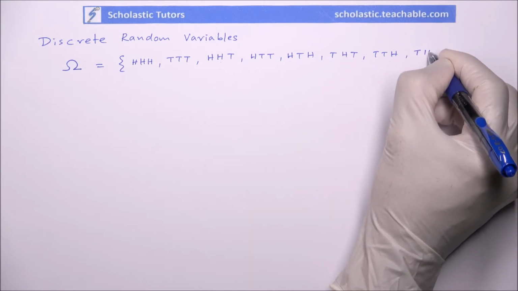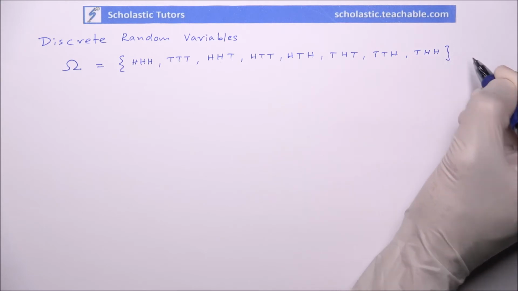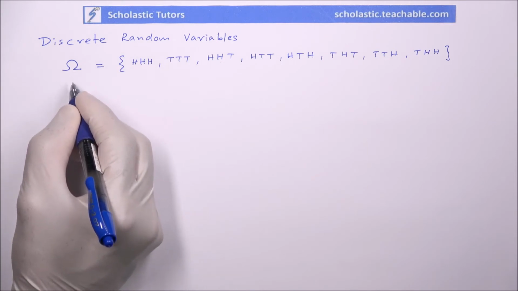Tail, head, head is the last possible combination. So there are 8 possible outcomes in this sample space omega.